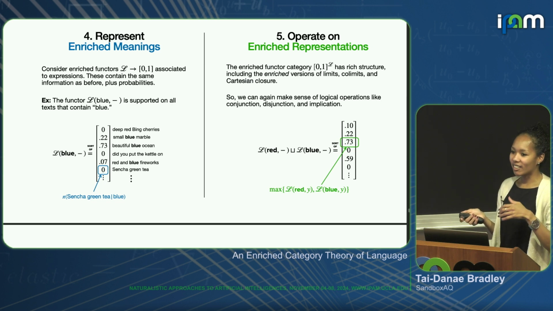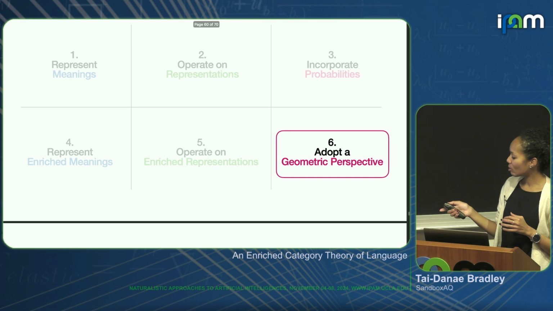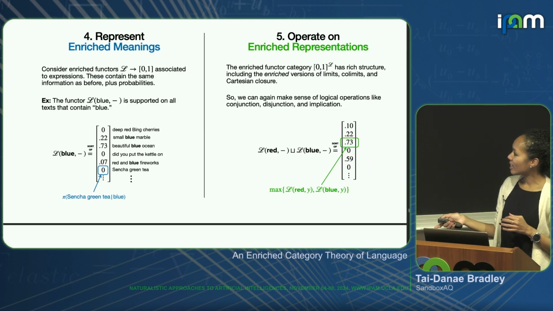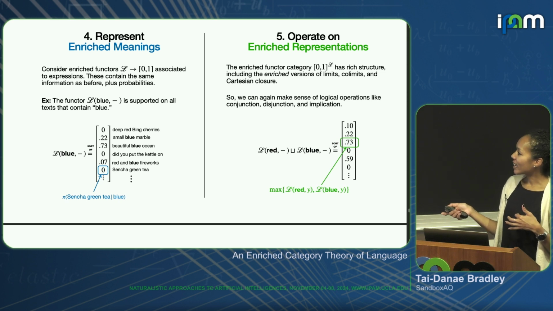The definitions, again, are not really worth showing. But the point is, if I take the enriched functor associated to red, and I do the enriched version of disjunction or coproduct with the representable functor associated to blue, I get a column vector, again indexed by strings. And now here, this is interesting, I think.